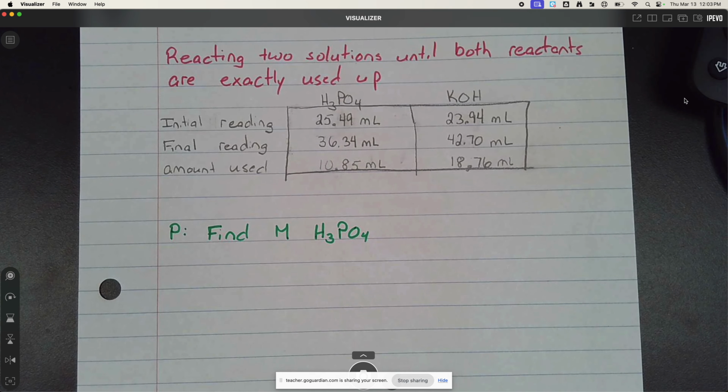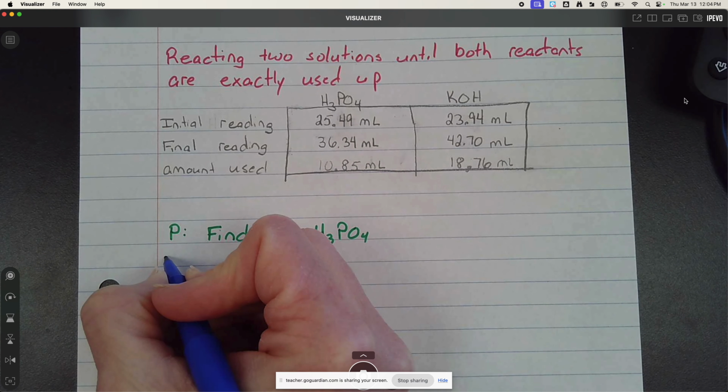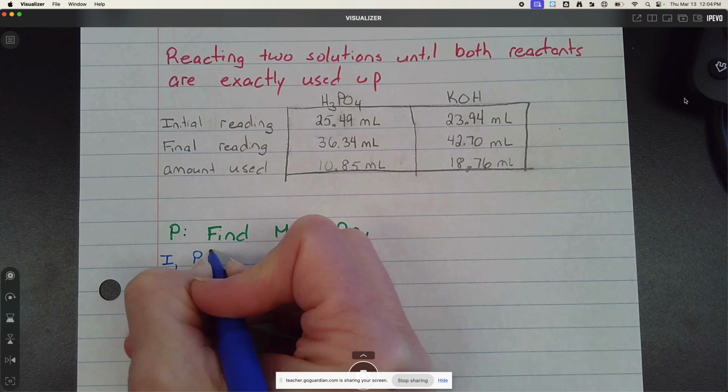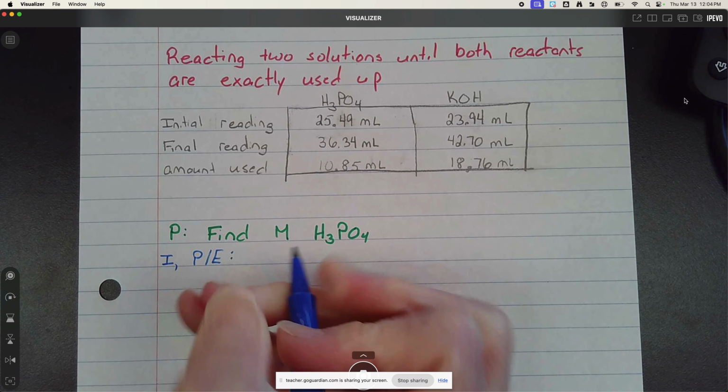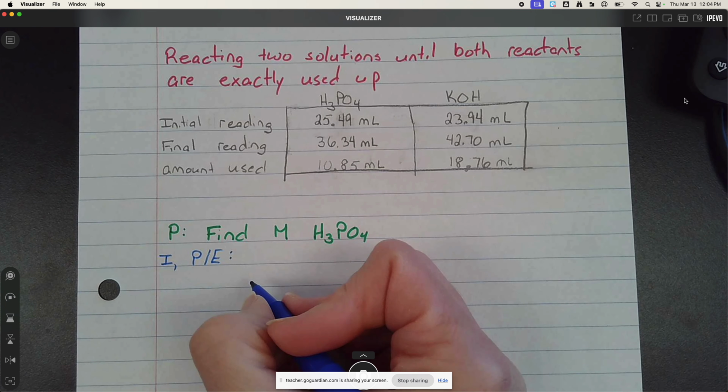That's the thing that earns cupcakes, knowing what the concentration is on the H3PO4. In order to do that, we have to think about how these two substances interact with one another. I'm going to intentionally leave a blank line here, and we're going to do our equation down one line.